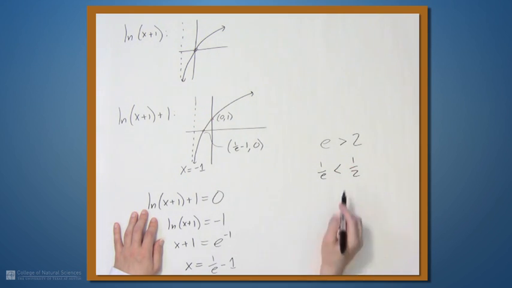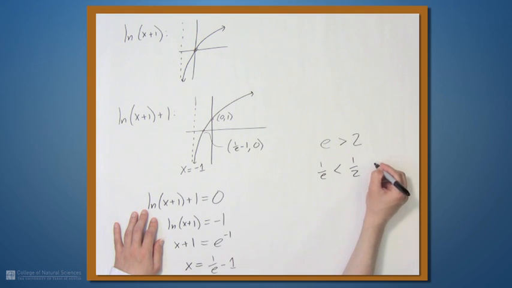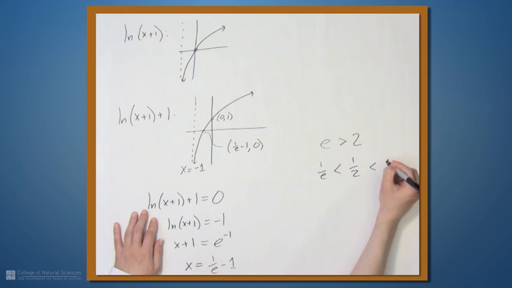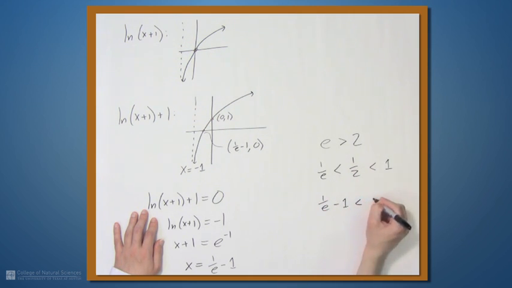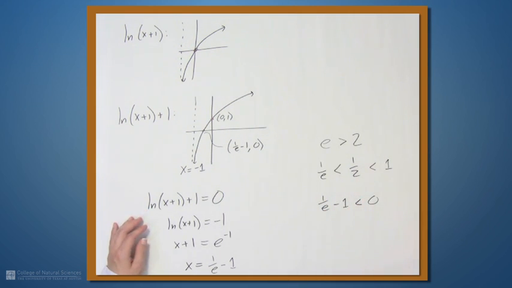Right? So 1 over e is strictly less than 1/2. And of course, this is strictly less than 1, which means that 1 over e minus 1 is less than 0. Right? So this is something that's worth checking if you have time, and it's certainly worth checking on homework to make sure that your answer makes sense. And this is the graph.